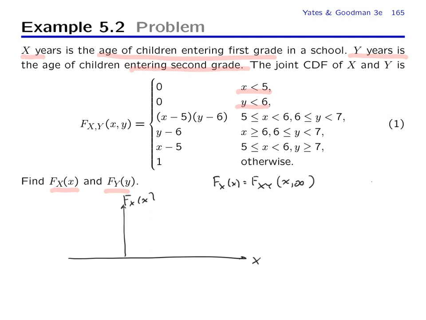The next step is to see, at little y equals infinity, which of the above rules for the joint CDF still apply. So for example, the first rule holds at y equals infinity.